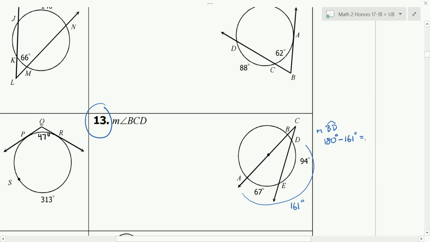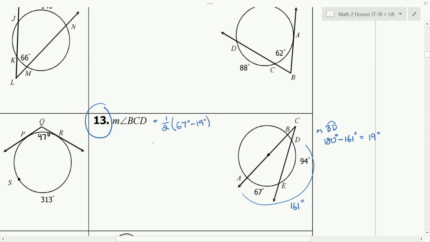And what did that come out to be? 19. Okay, 19. So you found that first, and that's a good start. And then we're after our angle, and using the formula, that's 1/2 the larger measure, which is 67, right? Minus the 19.